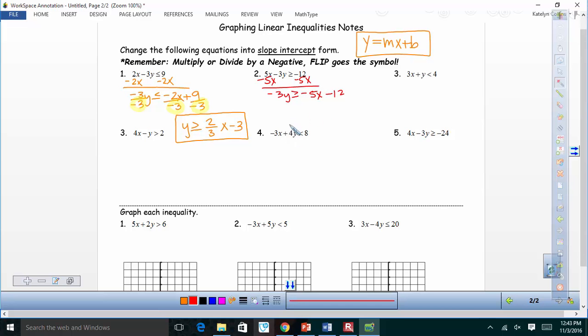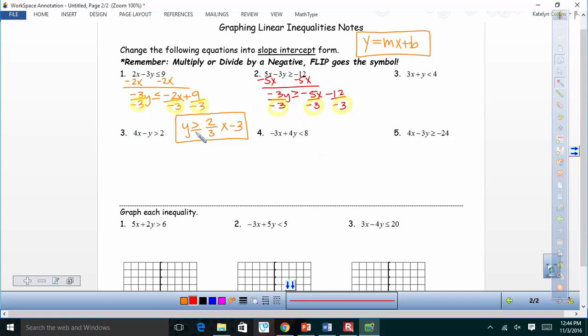Okay? JJ, what would I do to get y all by itself there? Divide by negative 3. What does that mean, Chris? Okay, the negatives cancel out, but what does dividing by a negative mean? Yes, the sign flips.